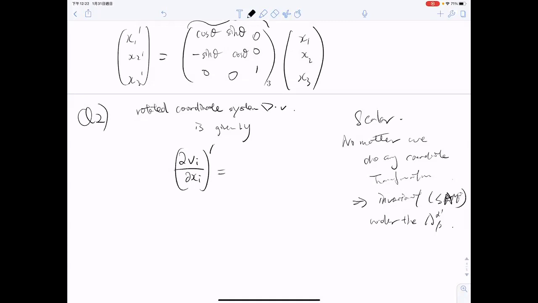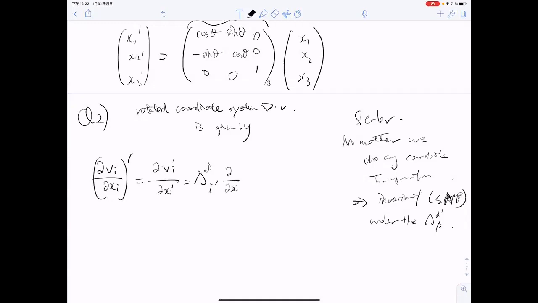And after going to the primed system, we would know that del prime V prime is basically the inverse coordinate transformation by J I prime times A_J times L_IK V_K.